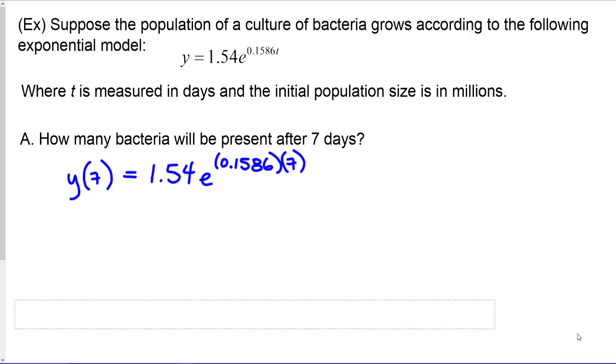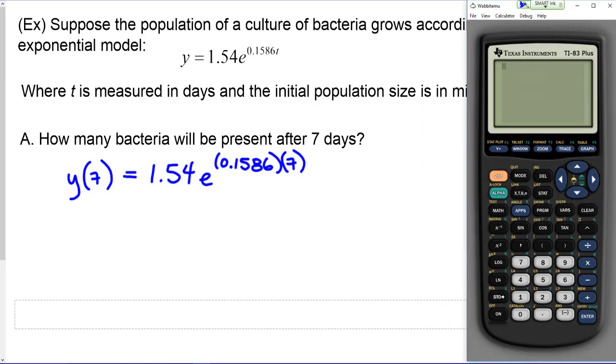So here is the calculator, and let's figure out what this is going to be. So 1.54 times e raised to the, and I need the 0.1586 times 7 all up in the exponent, so I just make sure not to close parentheses until the end. So 0.1586 times 7, and then close parentheses.